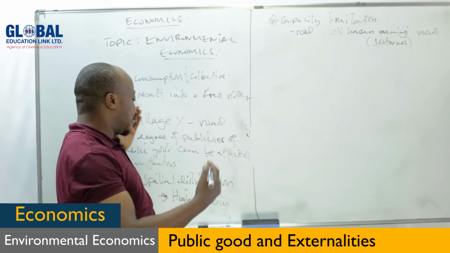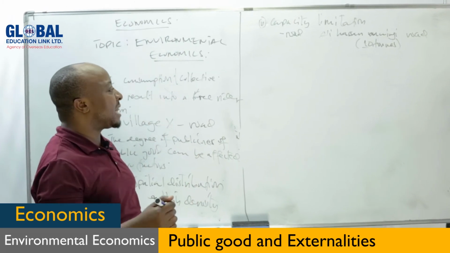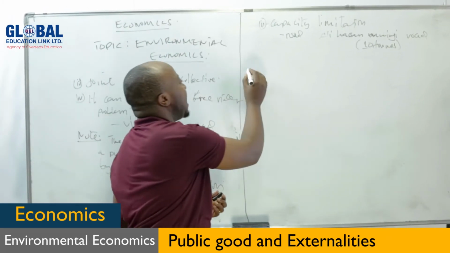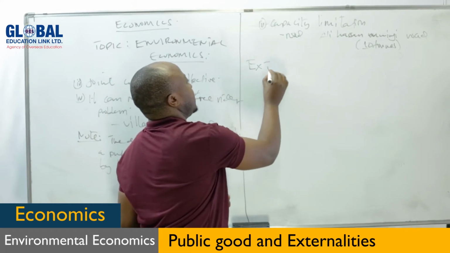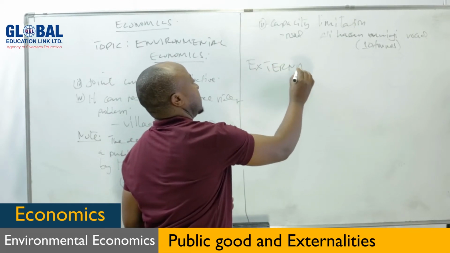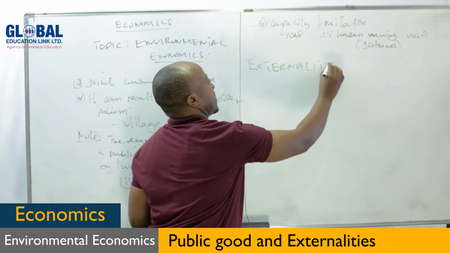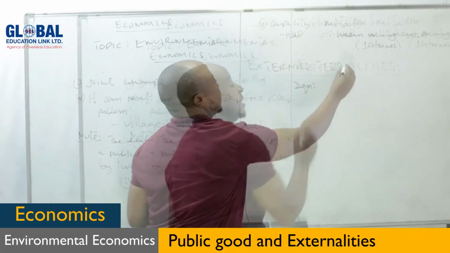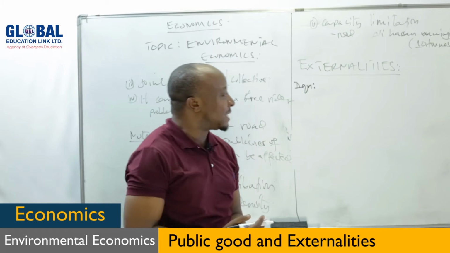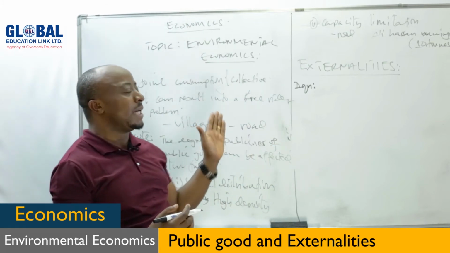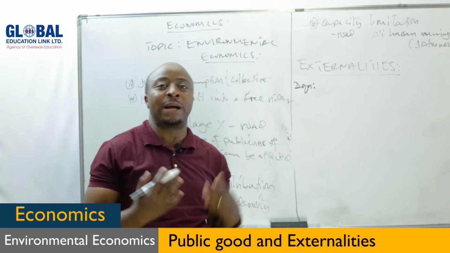Now having seen these public goods, let's see the other part, which is externalities. You might know what an externality is. Remember we said this topic relates the environment and different economic activities.